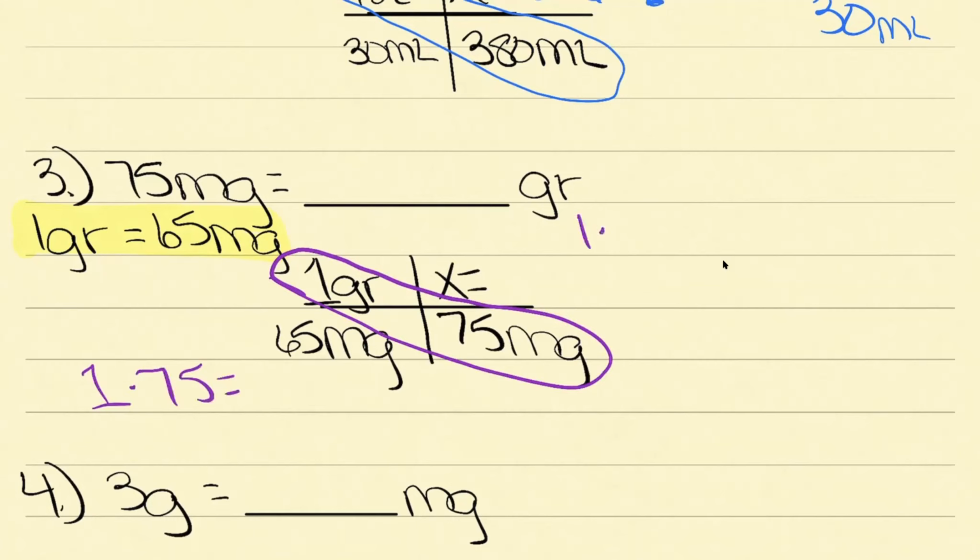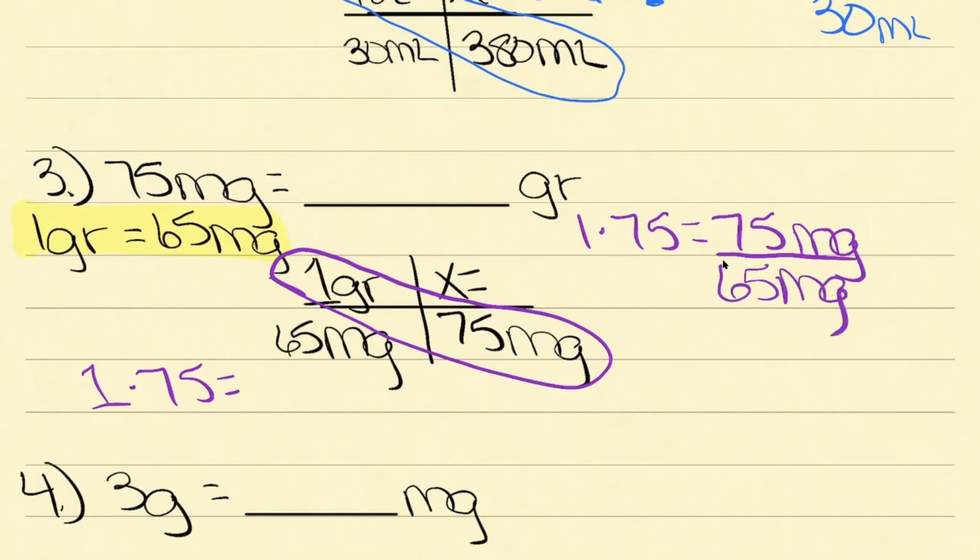And then you divide by the only other thing you have left, which is 65. So 75 divided by 65 is 1.15 grains.